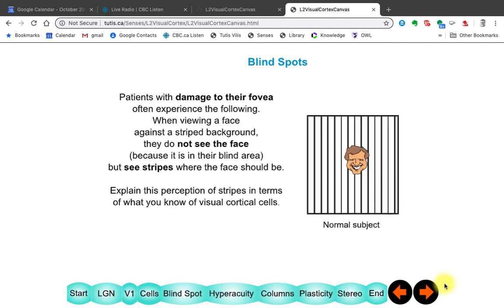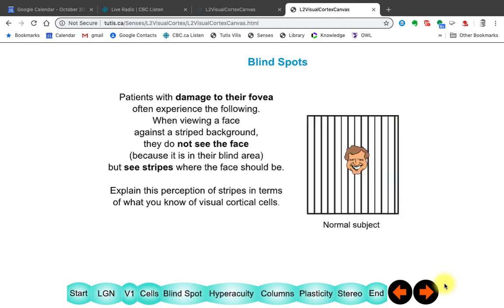The other thing they have is if they see a face, like you see here, against stripes that you see here, if the patient looks at the face with this blind spot, of course there's no cells there in the blind spot that can respond to it, and he doesn't see the face.